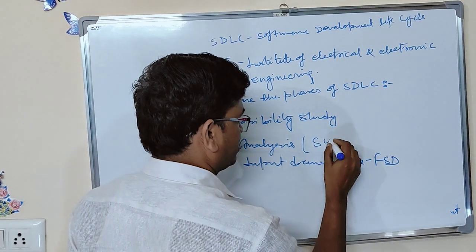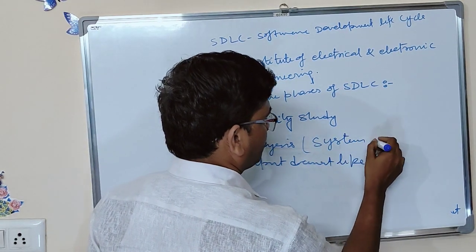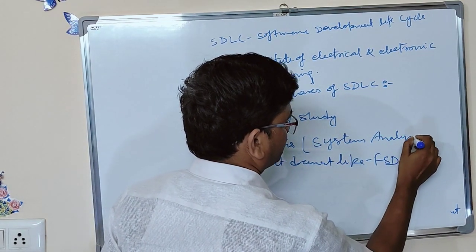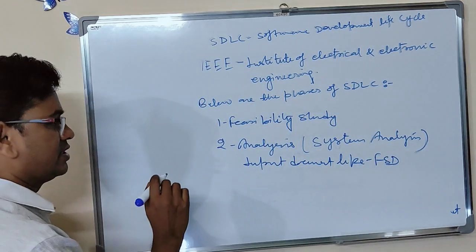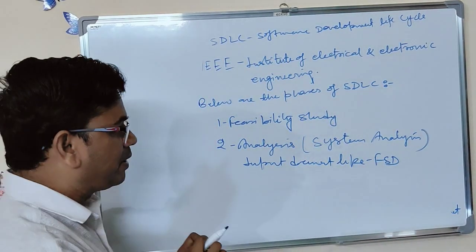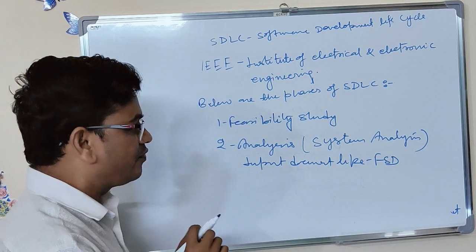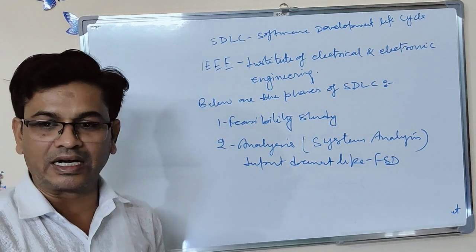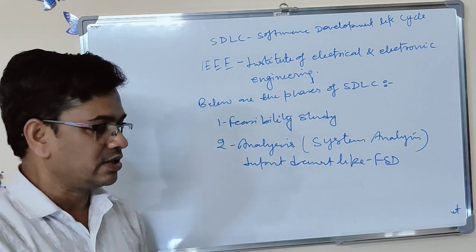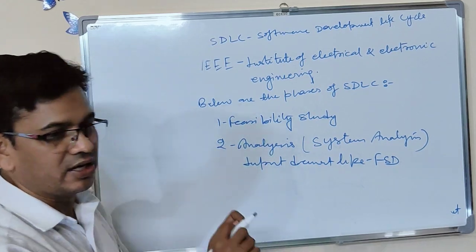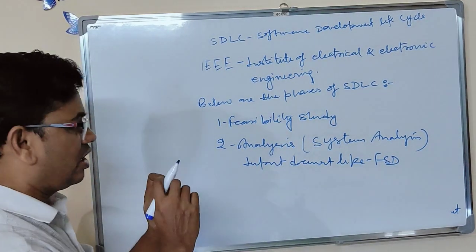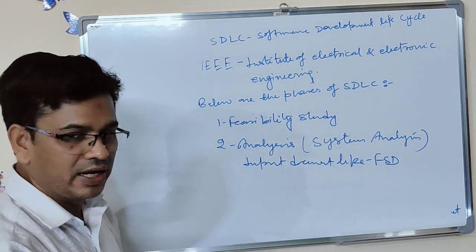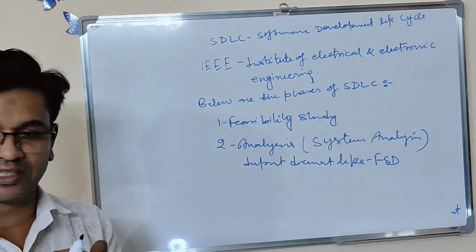The objective of this phase is simply to convert the FSD document into a technical document, meaning this non-technical document into a technical document. It means the FSD document will be converted into the form of an SRS document.